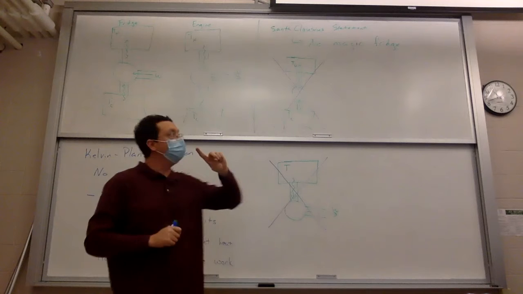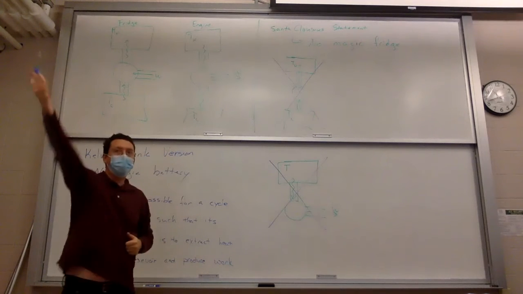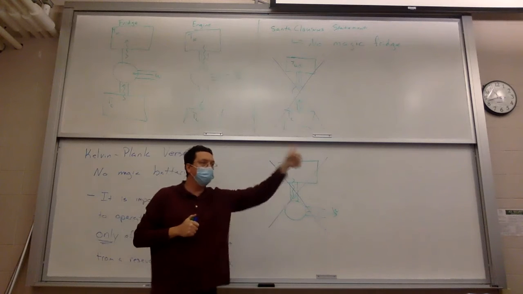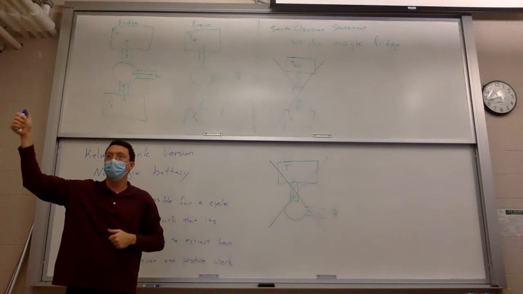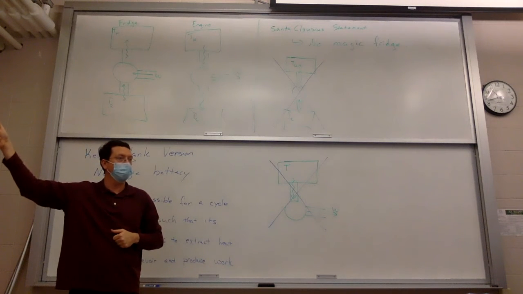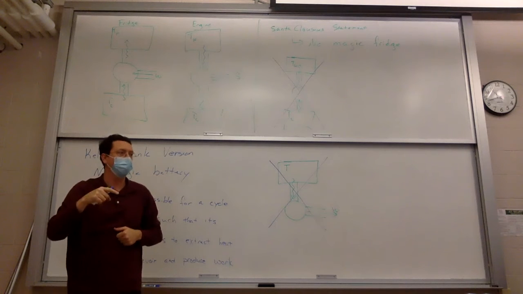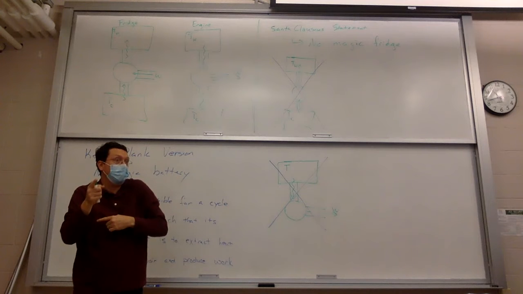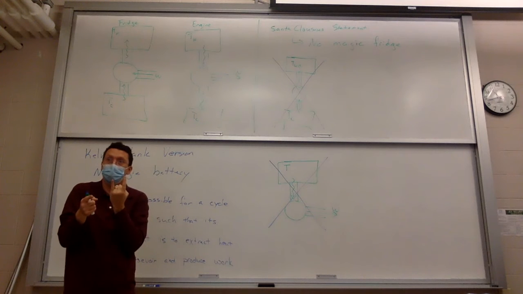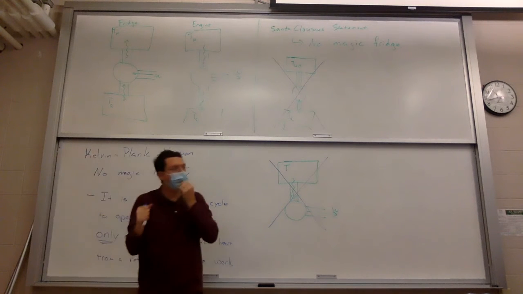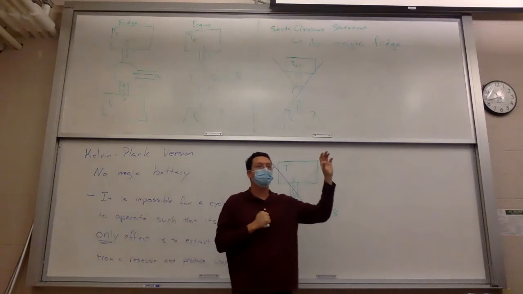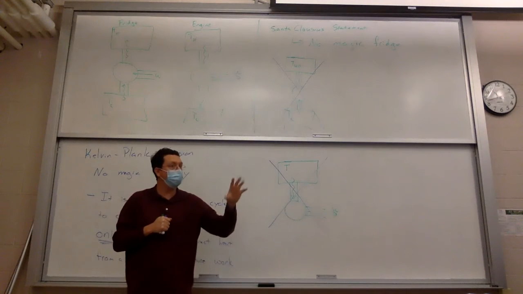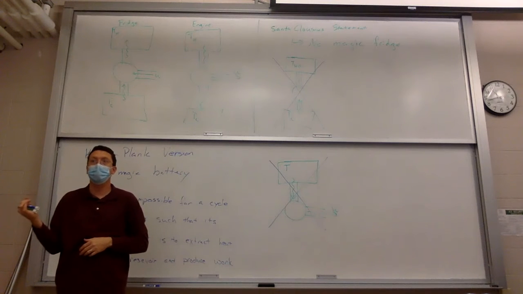We want to prove that no magic refrigerator is equal to no magic battery, and no magic battery is equal to no magic refrigerator. That's actually really hard. Well, not really hard, but what you're really going to do is prove the contrapositives. Prove that if you had a magic refrigerator, you could construct a magic battery, and prove that if you had a magic battery, you could construct a magic refrigerator.